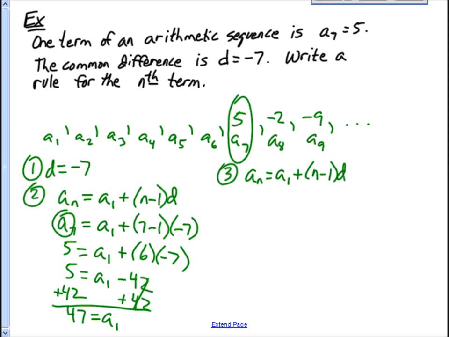So we plug in d, we plug in the first term, and we'll leave it in terms of the nth term. Okay, so the first term we just figured out was 47, right? That's what this is right here, 47, first term. It goes down 7 from there, and that's why you end up with 5 on the seventh term. n minus 1, our common difference here is -7.